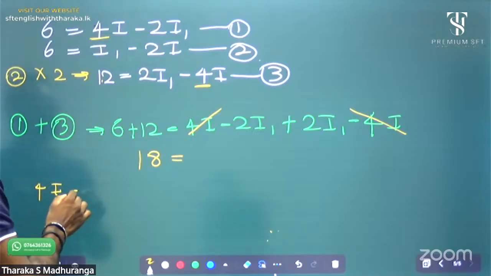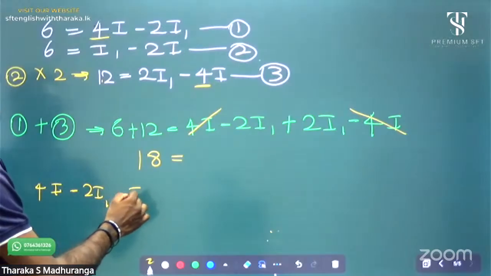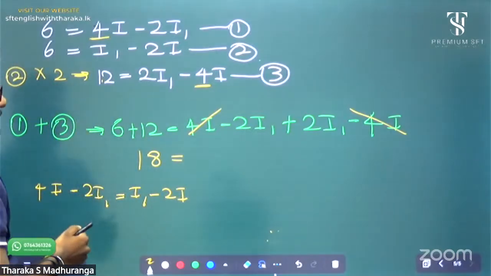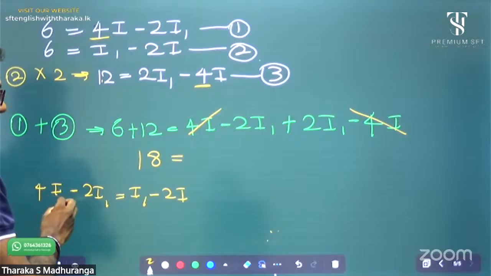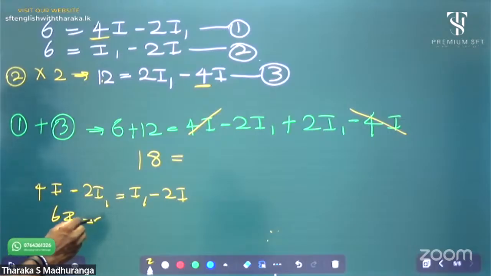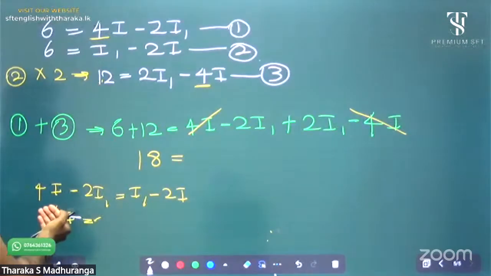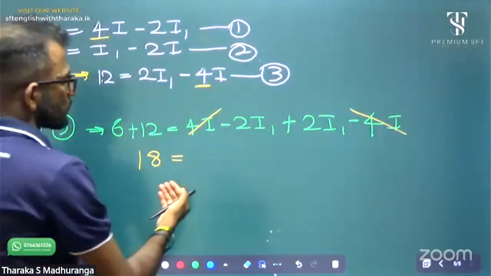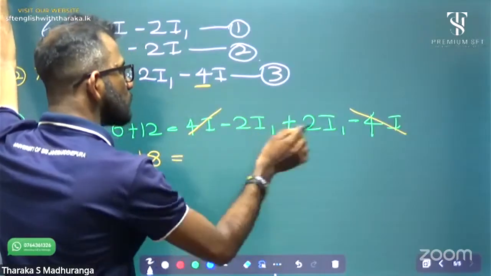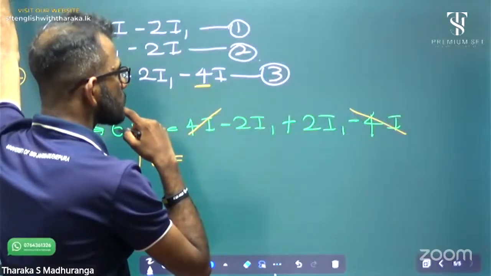The problem of this equation, both cancel out. Minus I1 plus 2I1 cancel out.